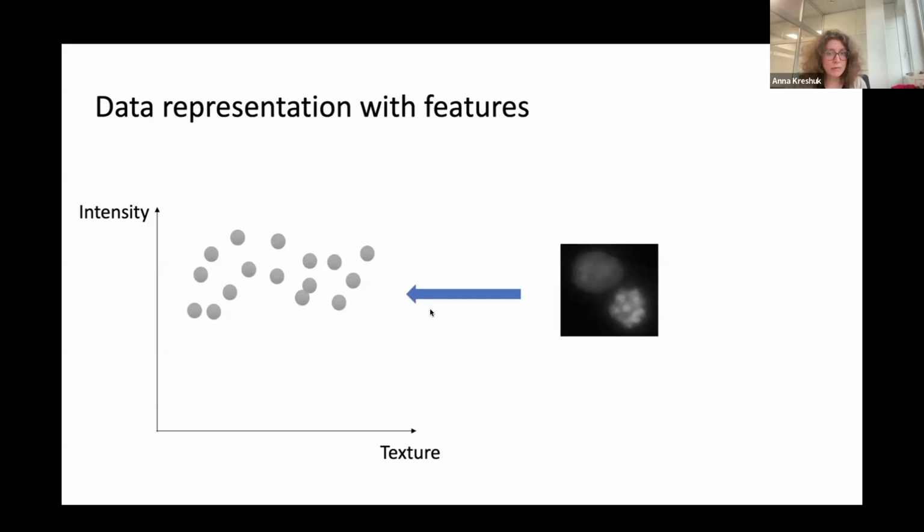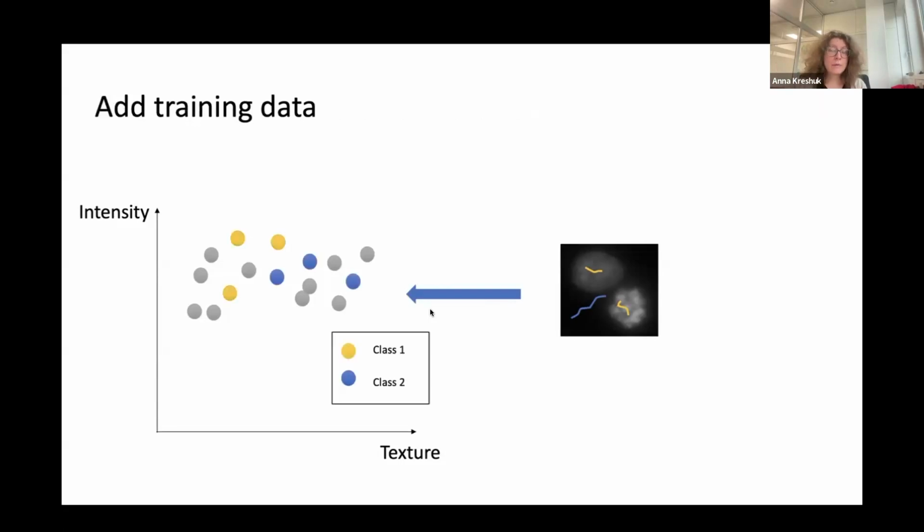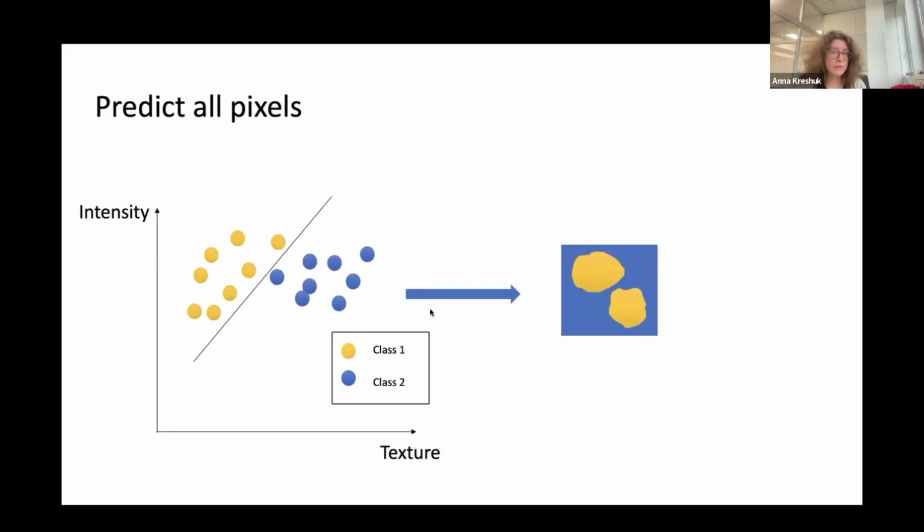And this is why we ask people for training labels. Then you could give brushstroke labels, or you can also do dense labels if you want. And then we project that into the feature space, decide where we draw the decision boundary, and then out of this, predict for all the pixels and actually get your segmentation. So if you wanted a simple problem solved, this would pretty much be all you need to do.